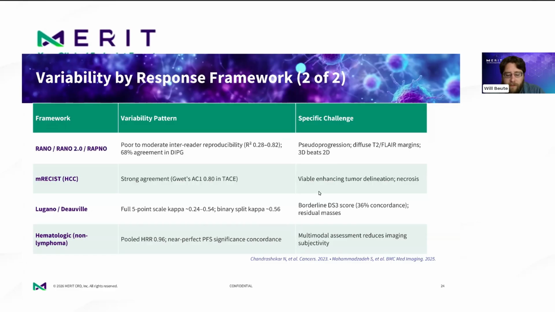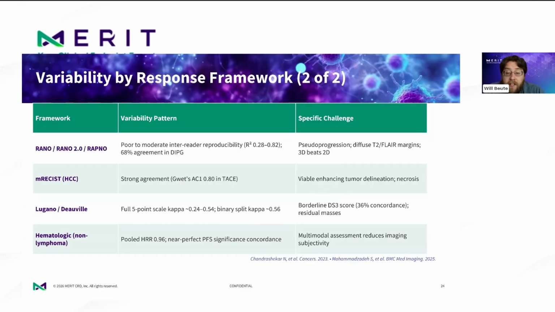This second table covers frameworks for some of the more challenging disease settings. The RANO family, or Response Assessment in Neuro-Oncology, which includes RANO, RANO 2.0, and RAPNO for pediatrics, shows poor to moderate inter-reader reproducibility and around 68% agreement in DIPG.